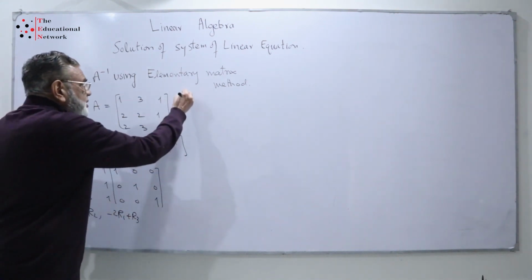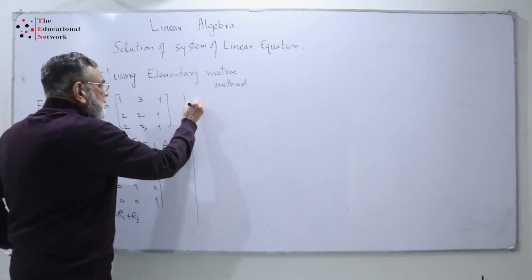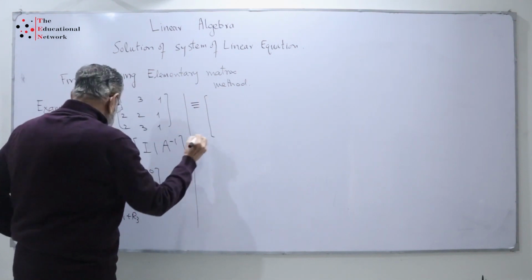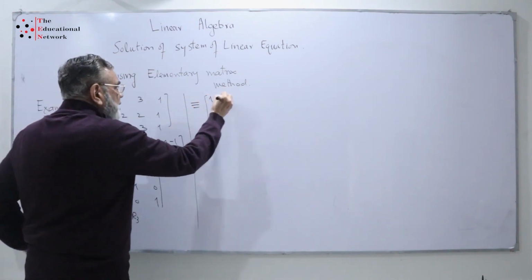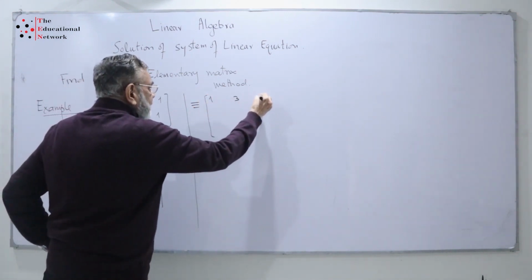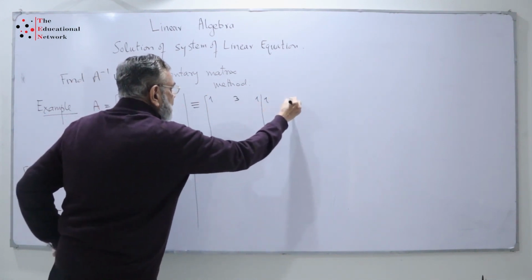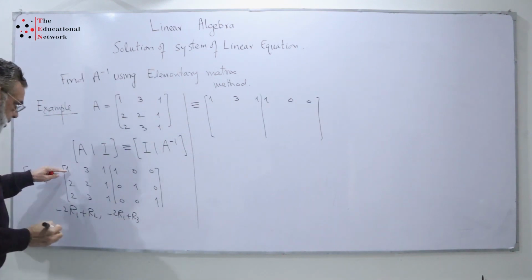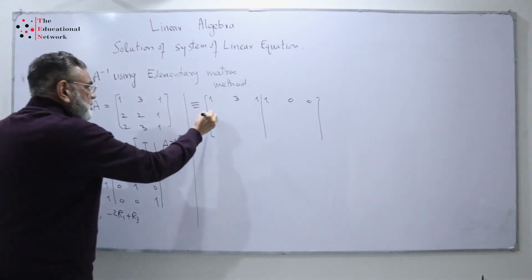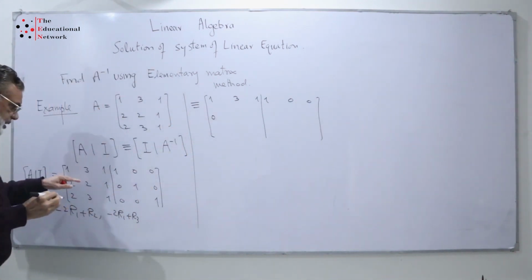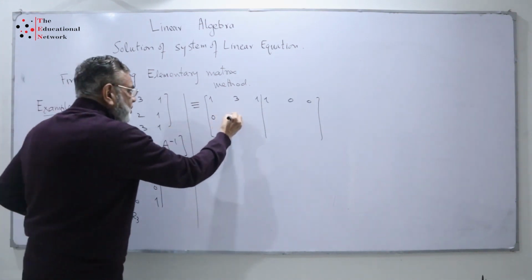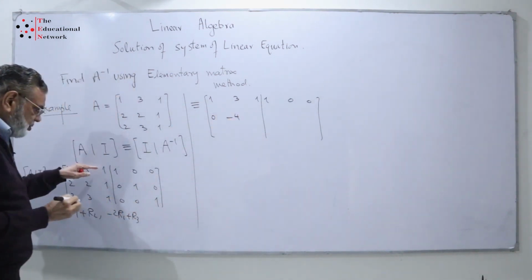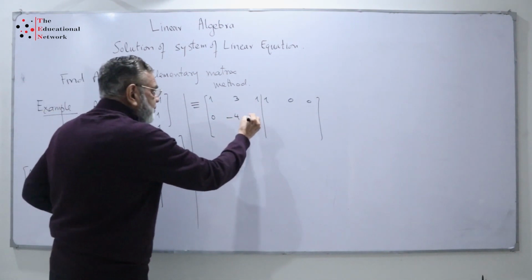So I make these row operations. I can get here the equivalent form. Row 1 remains the same. We have here 1, 3, 1, and we get here 1, 0, 0. Now we multiply minus 2 and add to this one. Minus 2 plus 2 will be 0. Minus 6 plus 2 will be minus 4. Then minus 2 plus 1 is minus 1.